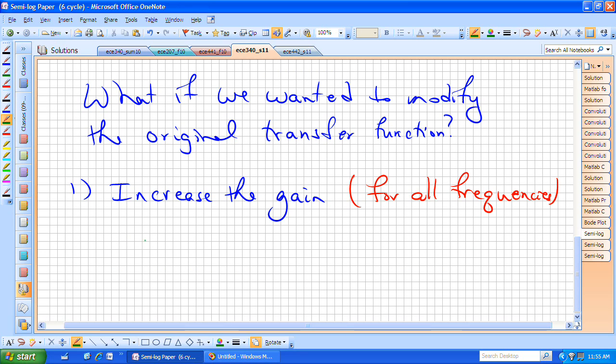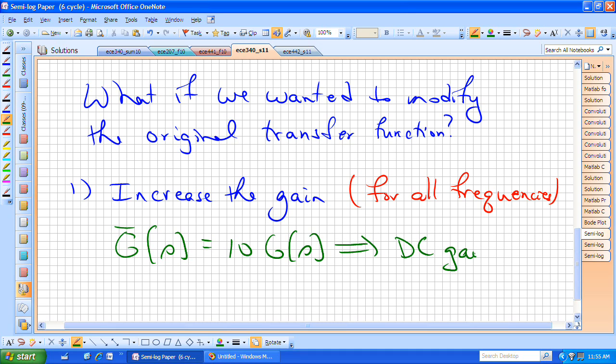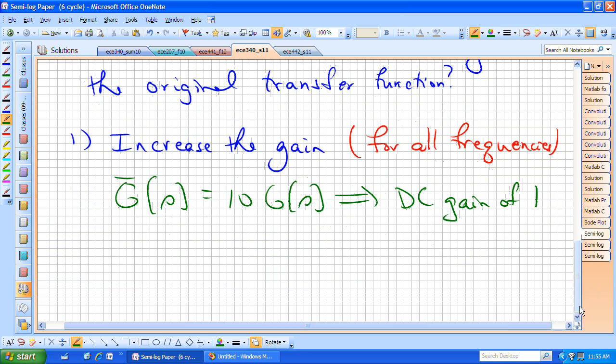And maybe they tell us what they want it to be. We want to modify the original transfer function and create a G bar of s, and we want that to be 10 times the original G of s. Because we are increasing the gain by a factor of 10, it was at 0.1, we now want a DC gain of 1 instead of 0.1.